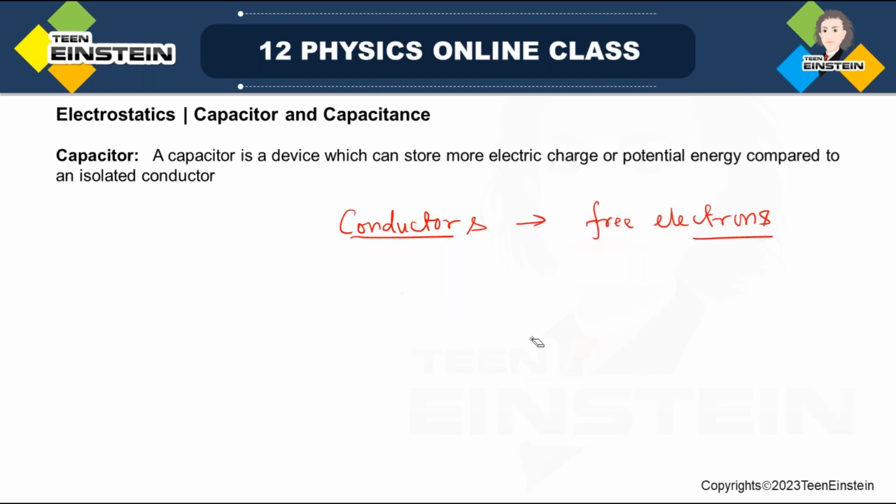What I am trying to say is that you cannot hold a free electron, or rather free charges, we should say free charges.